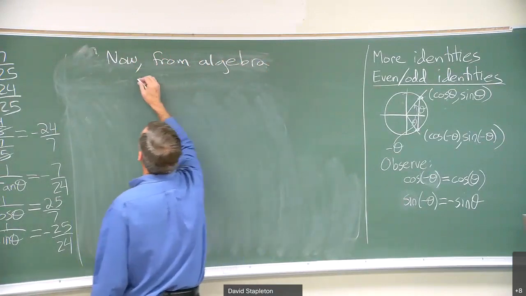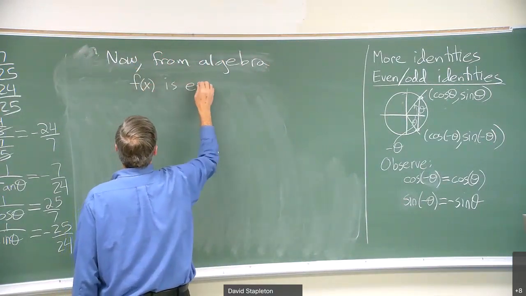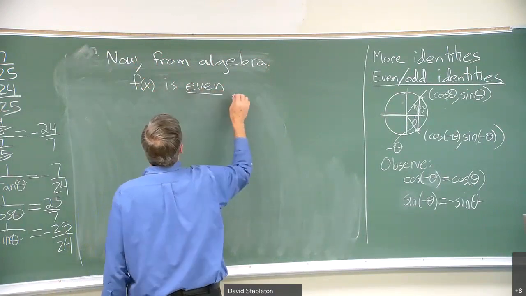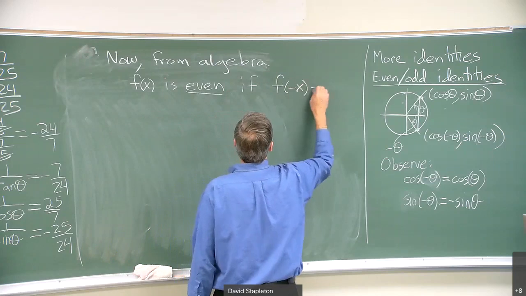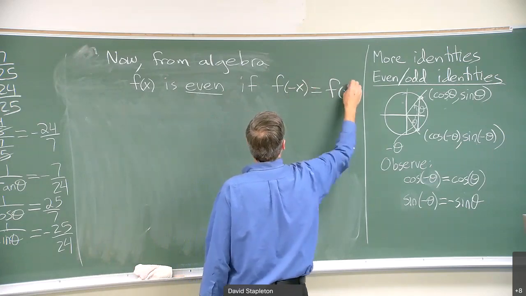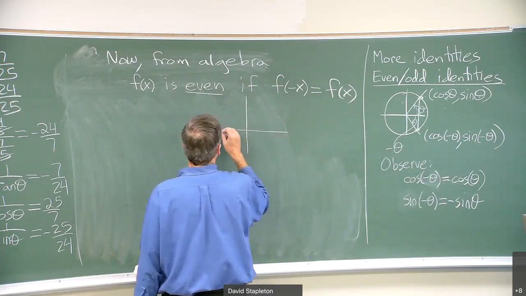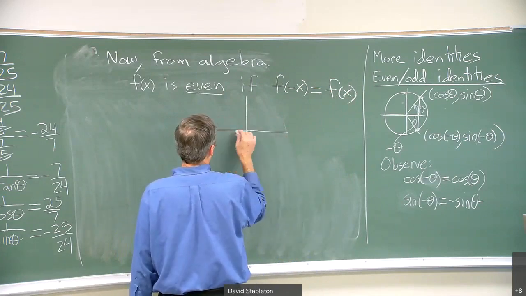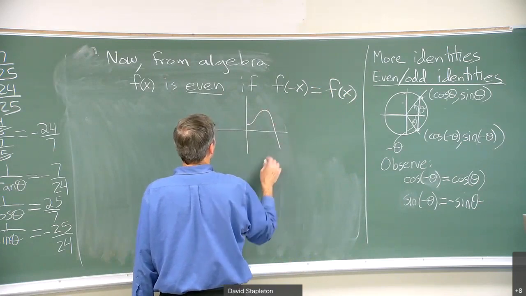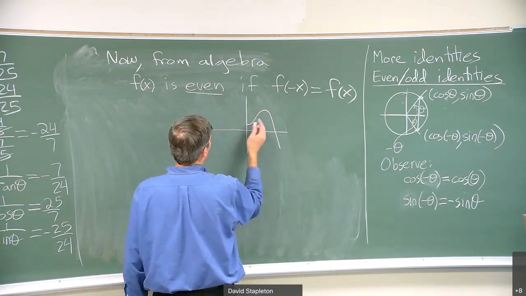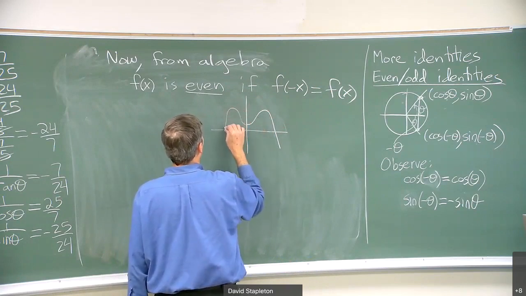A function f of x is said to be even if f of minus x is equal to f of plus x. And it has this graphical property. When you go to sketch its graph, whatever it looks like over here is exactly what it looks like over here, just flipped over the y-axis. It gives it symmetry over the y-axis.